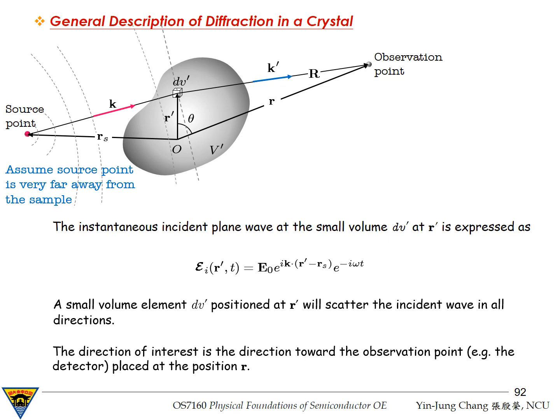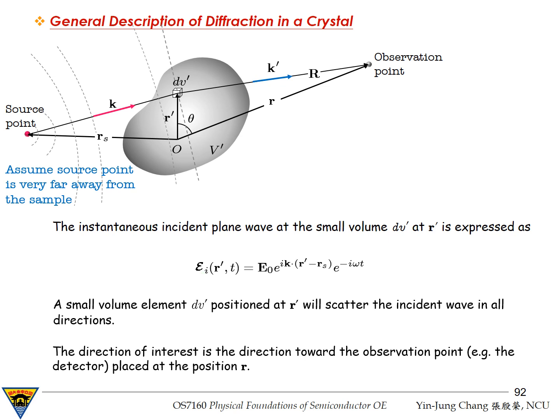The instantaneous electric field of the incoming wave at the small volume dV prime at R prime can be written in this expression, where the subscript I stands for incident.